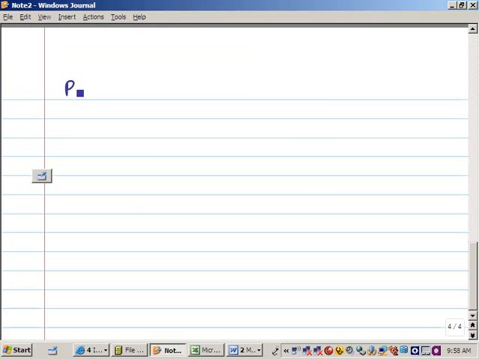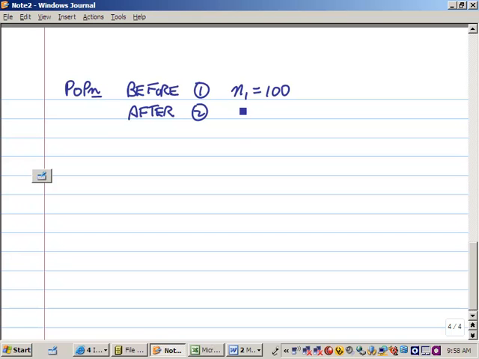So, population information. We have two groups. Before, which we call 1, after, called 2. In both cases we have a sample size of 100 randomly selected customers.